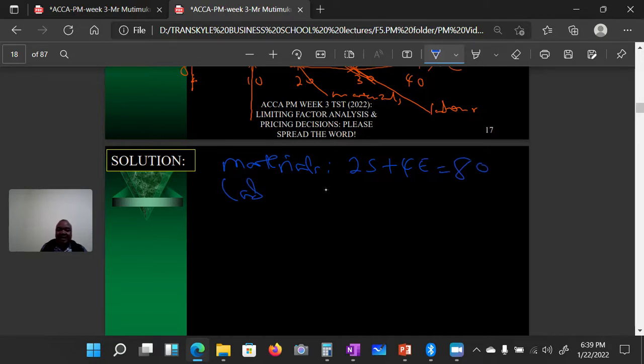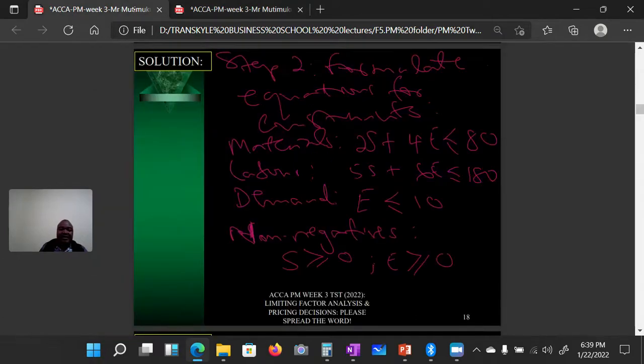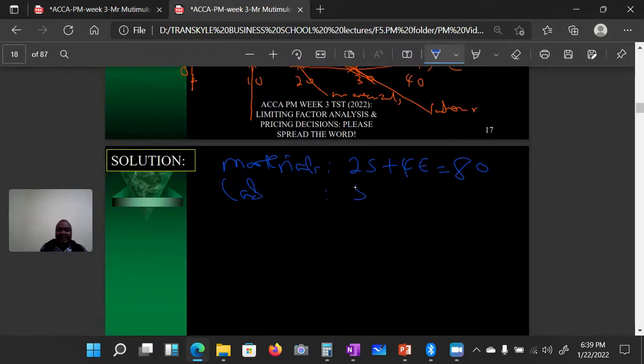Then labor, we have 5s plus 6e is equal to 180. I just have to label them: equation 1 and equation 2.